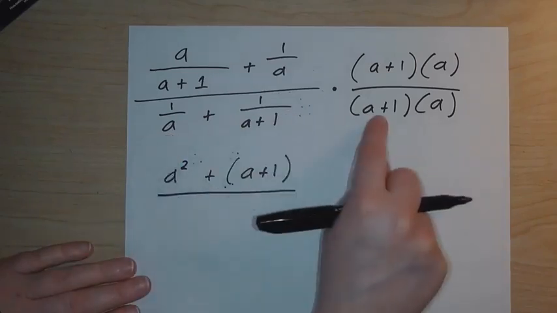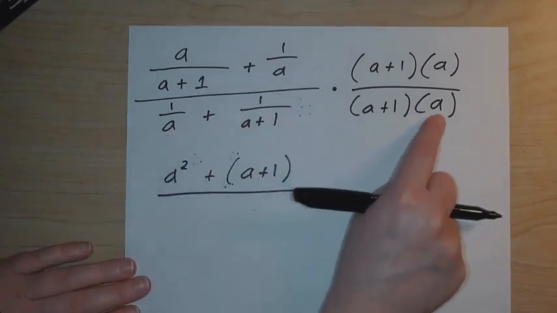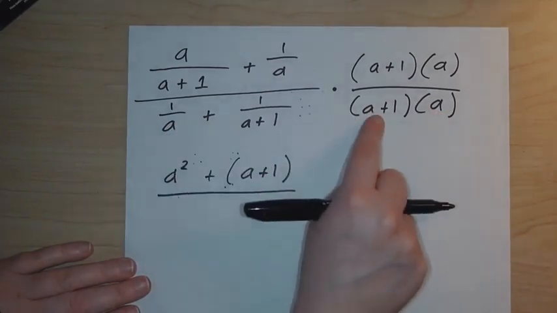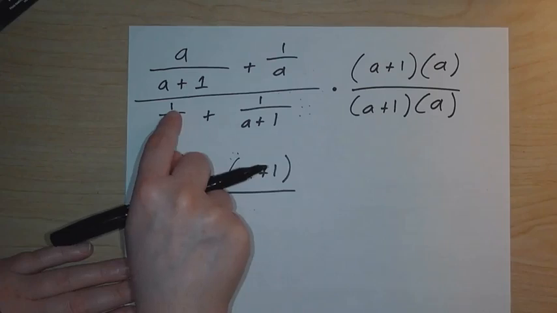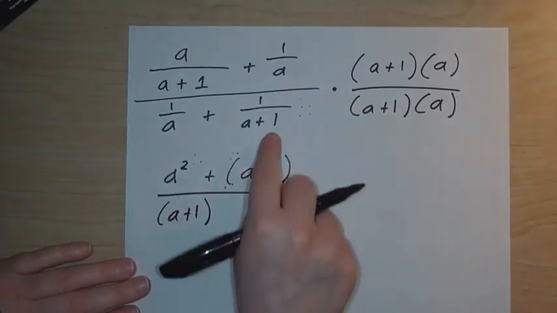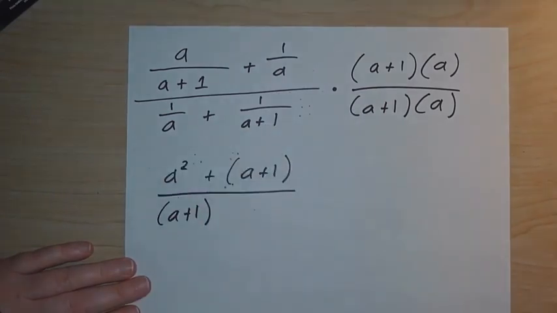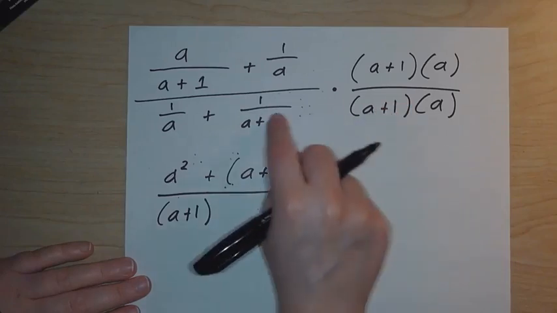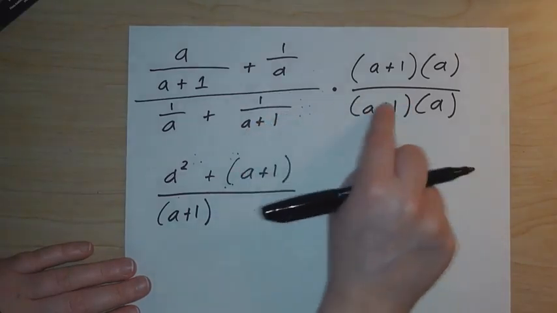Moving on to the denominator. We have 1 over a times a plus 1 times a. The 1 over a times a will cancel. So we're just going to be left with a plus 1 times 1, which is just a plus 1. Moving on to this one, we have 1 over a plus 1 times a plus 1 times a. Because this will be on the numerator and this is on the denominator, they will cancel, it'll just equal 1.